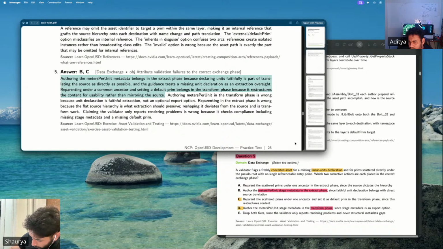Extraction oversight. Yeah, that's why I added data exchange, instancing, and stage traversal, units, primvars for revision, like five topics, and this is part of data exchange.